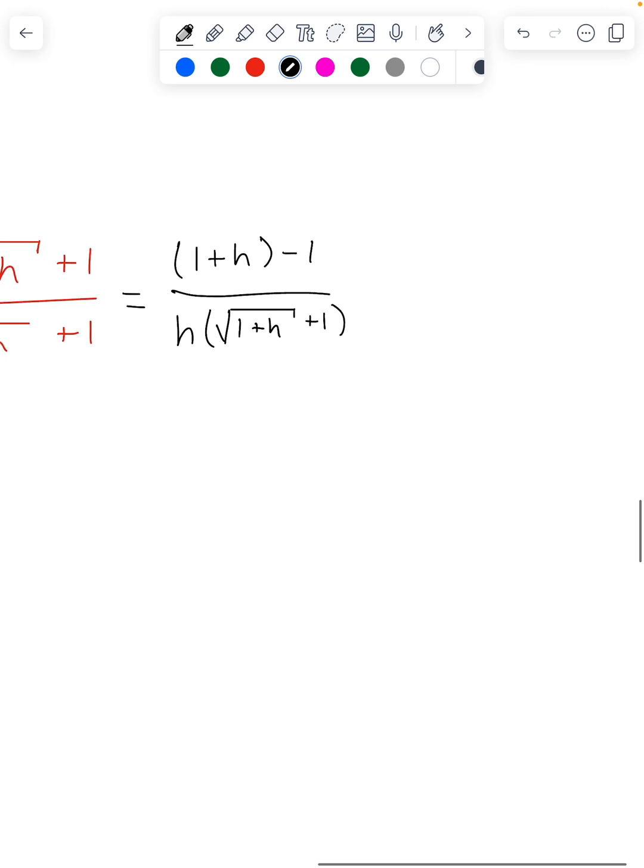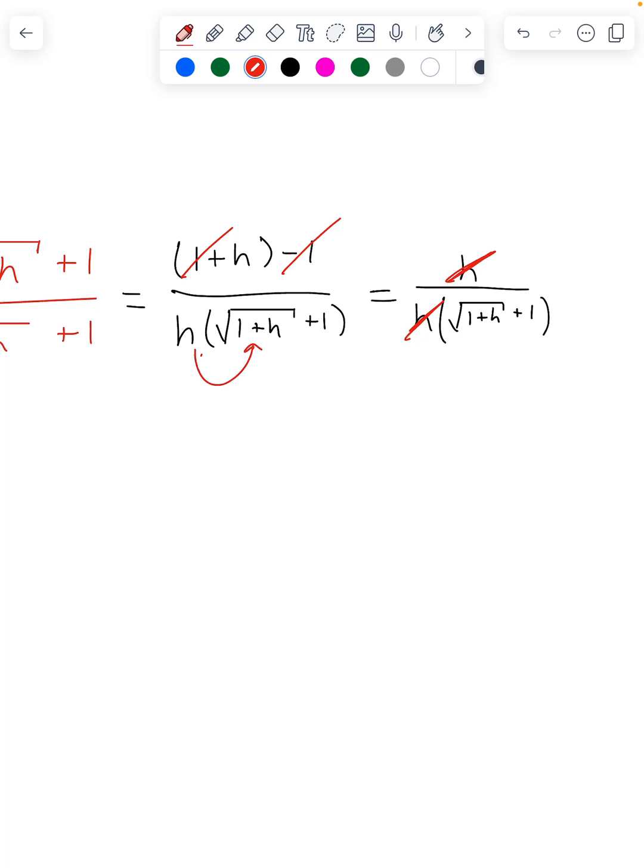Because now what do I have? I have positive 1, negative 1. Those reduce, and now I have h over h times the square root of 1 plus h plus 1. And now those are going to reduce. The reason why I didn't want you distributing this h through is so that we could just very easily reduce it here.